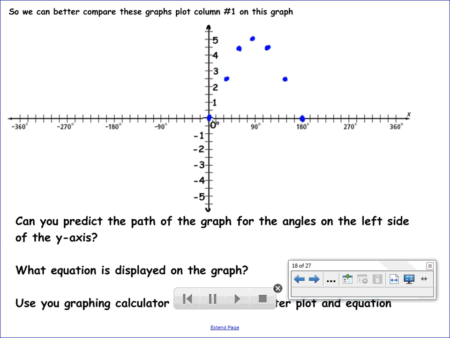Let's keep plotting. 210, negative 2.5. 240, negative 4.33. 270, negative 5. 300, negative 4.33. 330, negative 2.5. And 360, we're back at a vertical displacement of 0 centimeters above or below the origin.